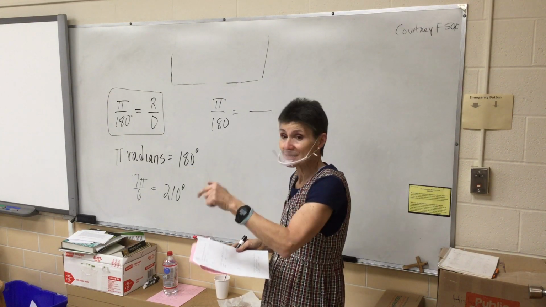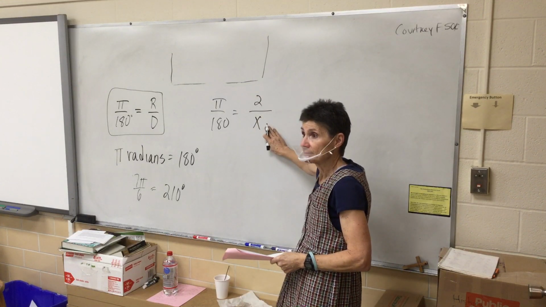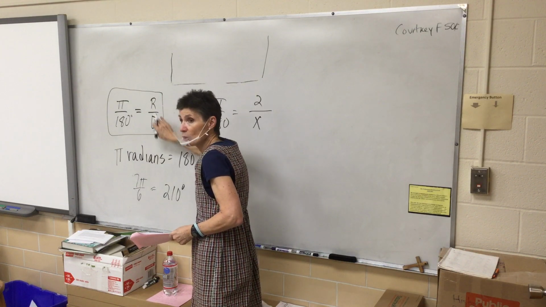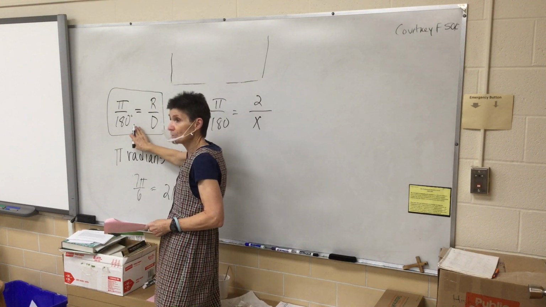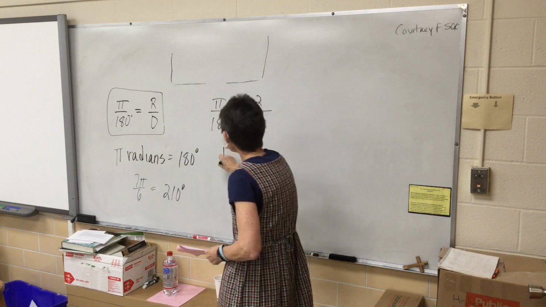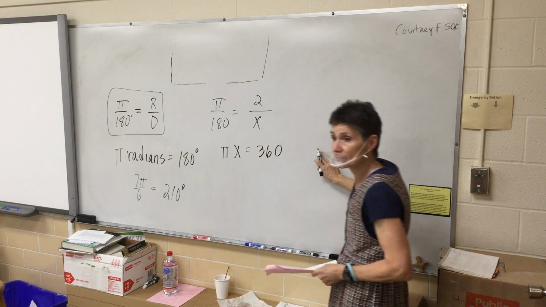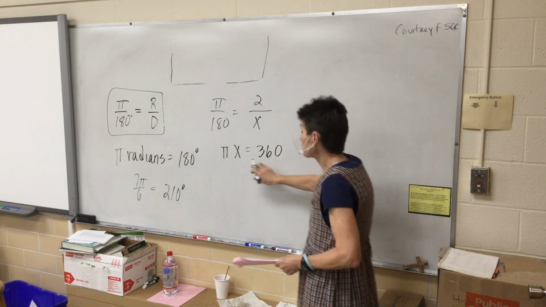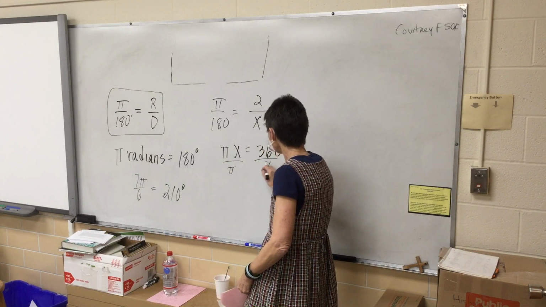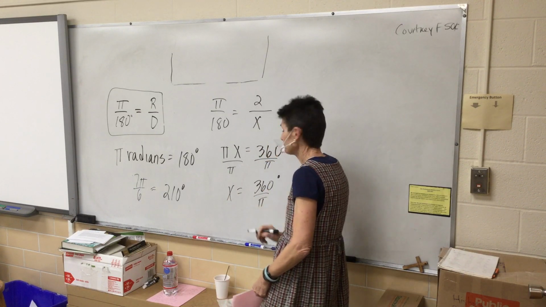Top, because it's a radian and you're looking for the degree. When you set it up, it's radians over degrees, pi over 180 degrees. Then you'll cross multiply, so pi x equals 360. Now remember, you're solving for x, so you're going to have to divide by pi. And your answer is 360 over pi.